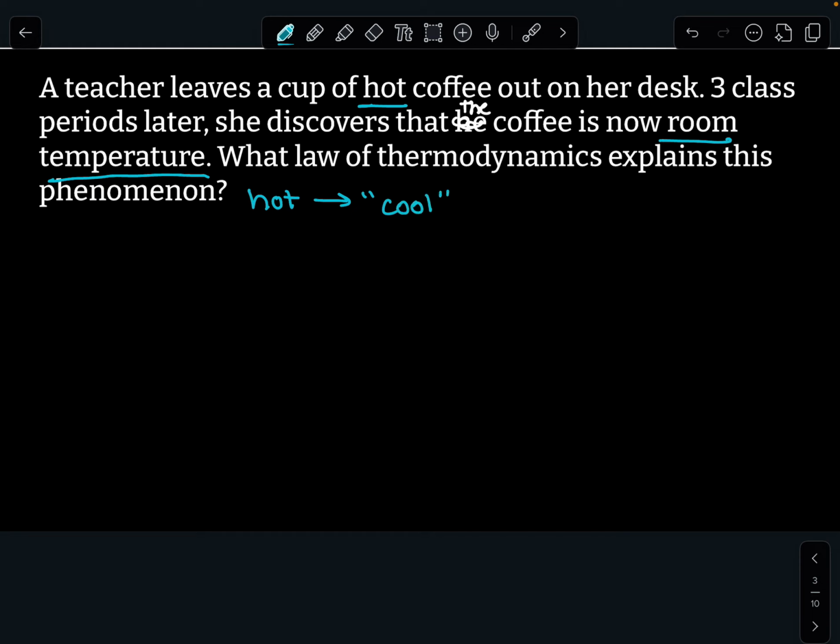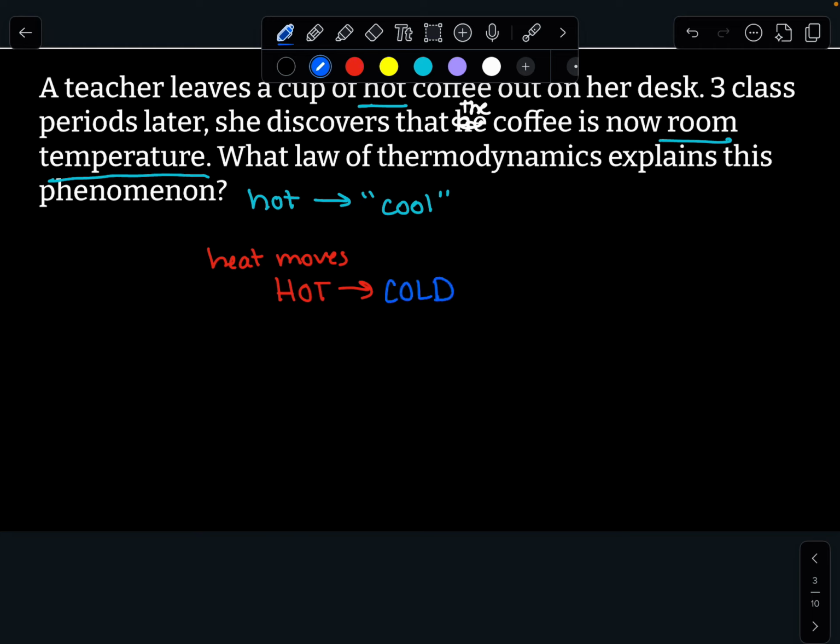Well, if I look at my four laws, I notice that there's one law that states that heat moves from hot to cold. And that is the second law of thermodynamics, right? So the law of thermodynamics that explains this is the second law, which states that heat moves from hot to cold because the hot object wants to be in equilibrium with the cold object.